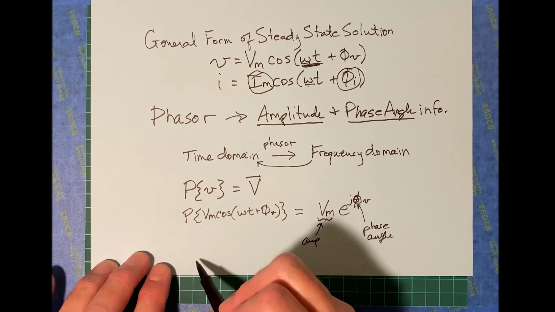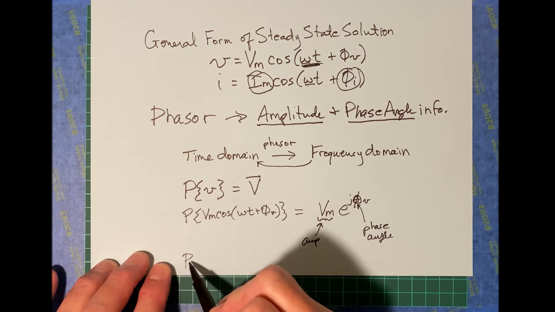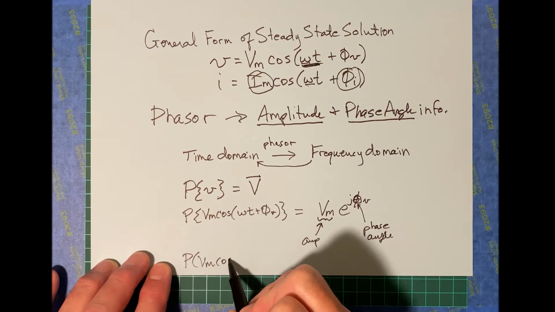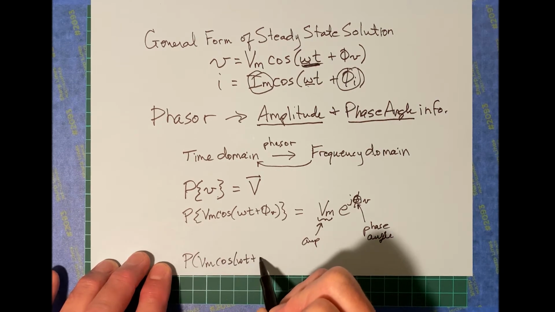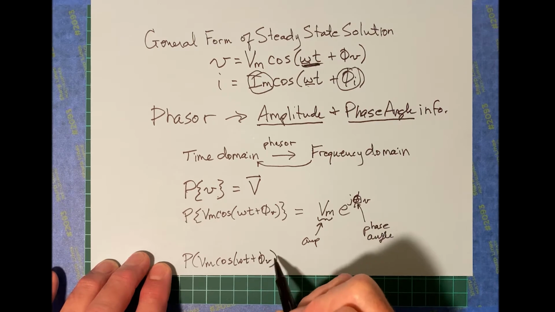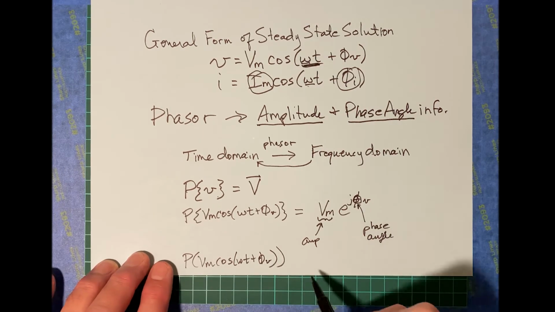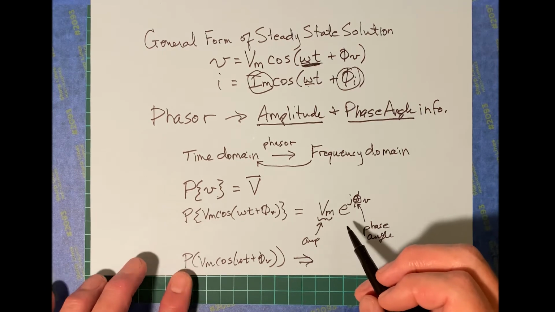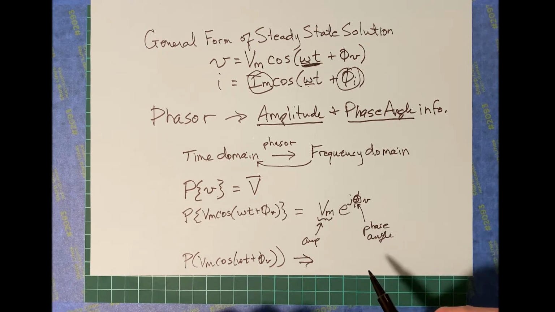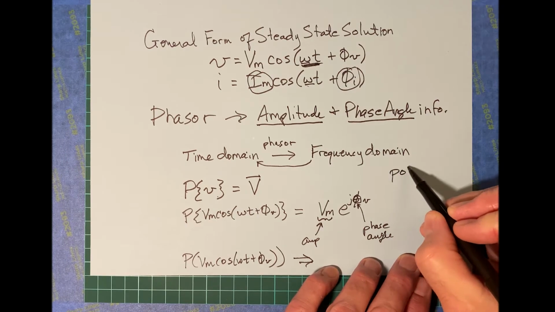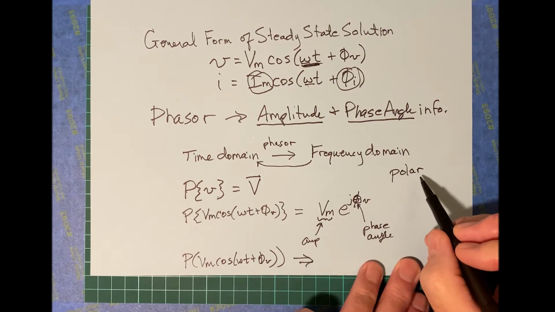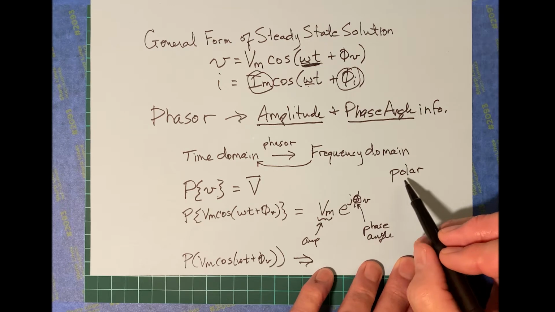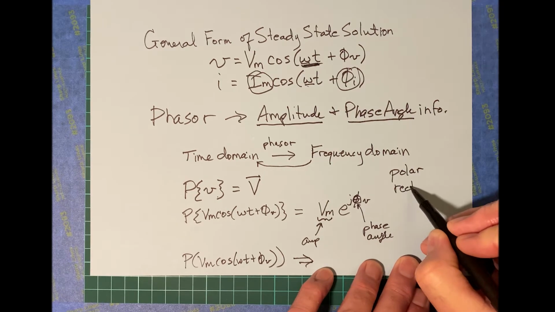Let's say that I have this function right here, v sub m cosine omega t plus phi sub v, and I want to plug it into the phasor transform. What I should get out of it is this. And remember I said there's a lot of different ways to write this. One of the easiest ways to write it is in polar format. Remember, you probably learned polar coordinate system somewhere in your algebra career. Well, you've got polar and you've got rectangular.